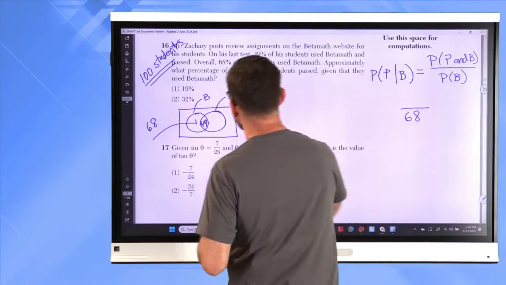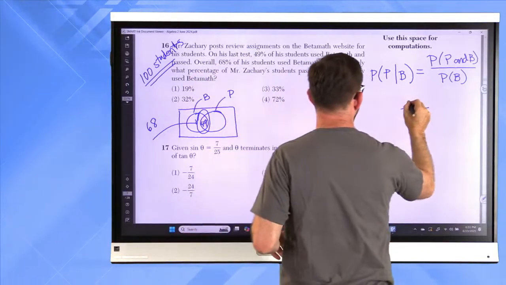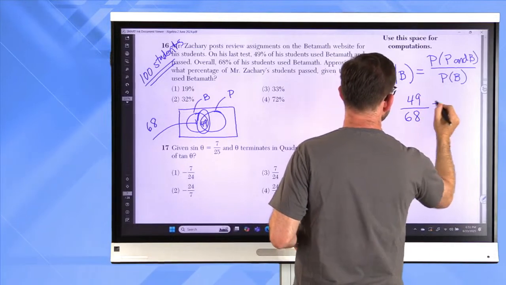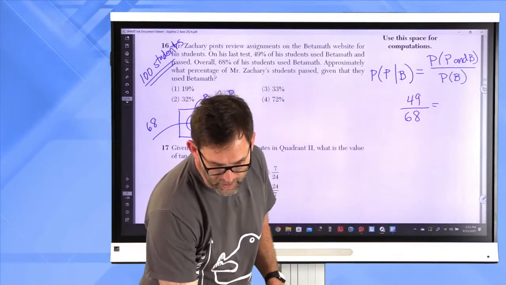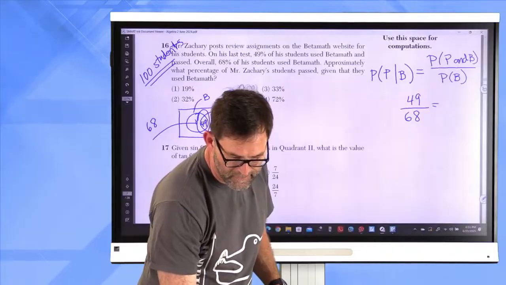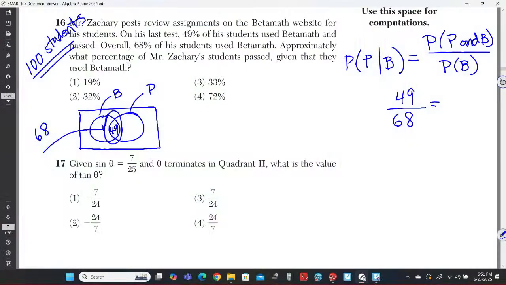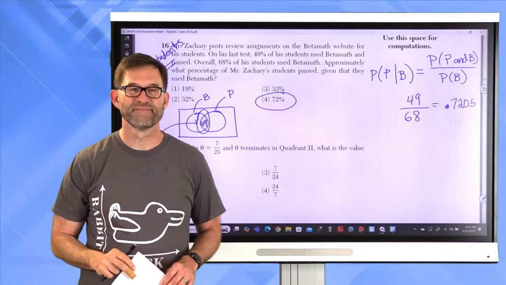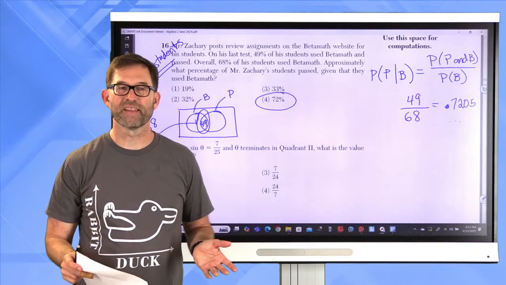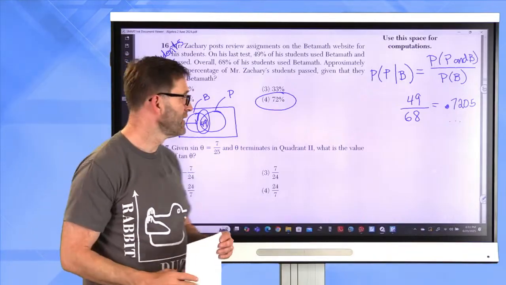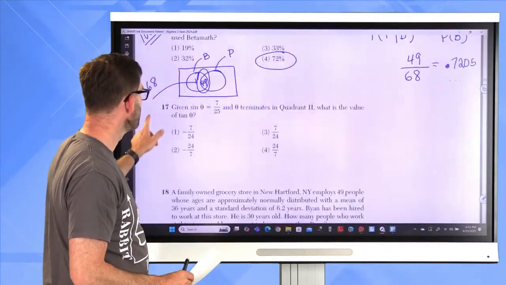And in the numerator, we've got the 49. Then I take my calculator and do 49 divided by 68, and I get 0.7205, etc. And that is about 72%. And that's that. Let's take a look at problem 17.